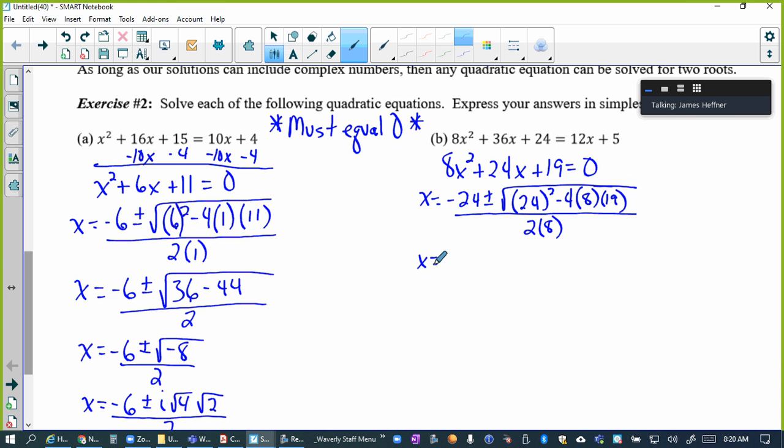So that would be x equals negative 24 plus or minus the square root of 576 minus 608, all over 16. Now we'll simplify that discriminant inside there. And I believe we get negative 32.